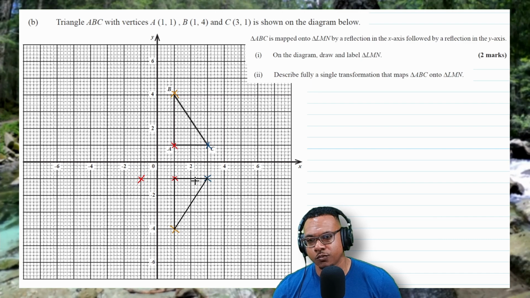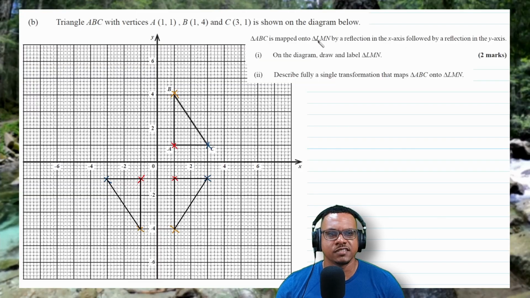If this one is 1, 2, 3 blocks away, that's here. And then this one here is 1 block away. So now we'll connect our points, and this will be our final image.